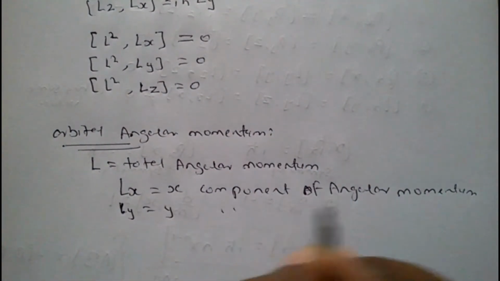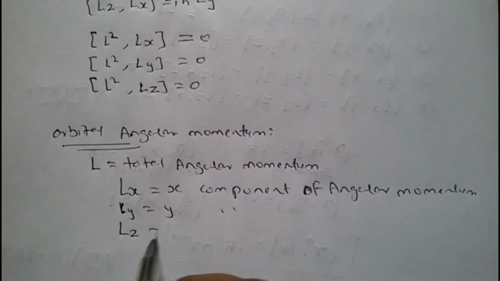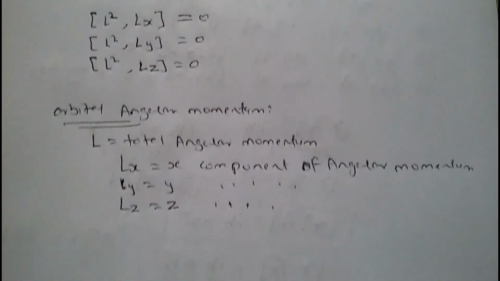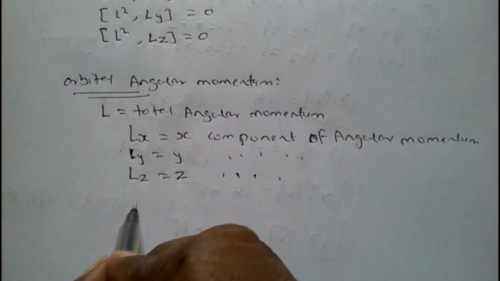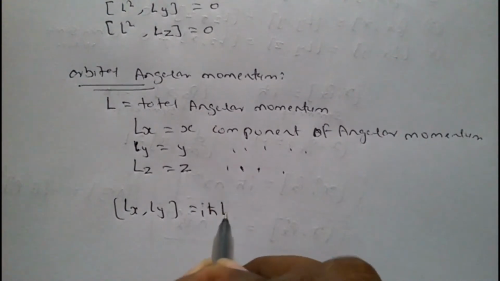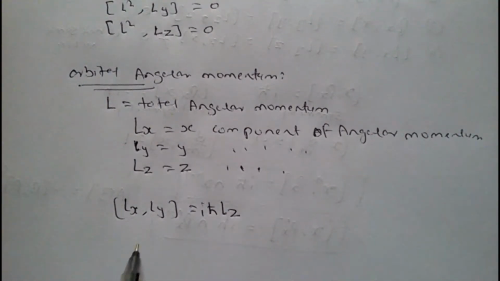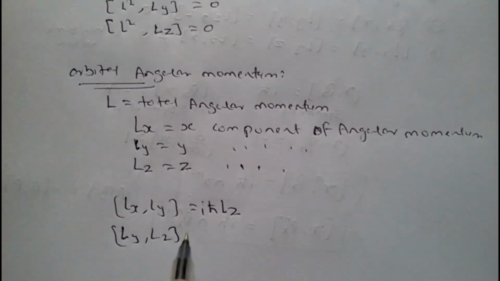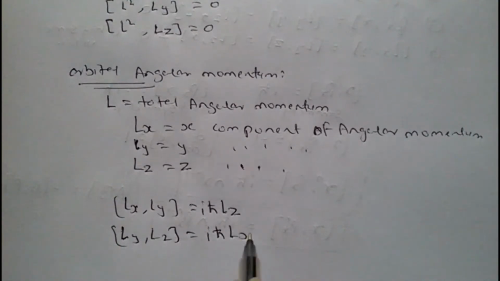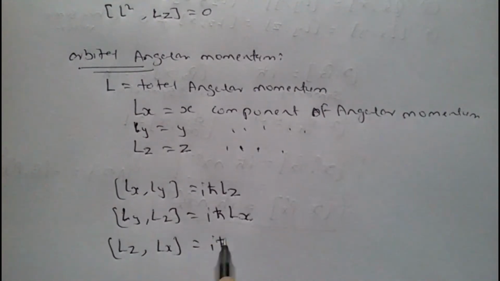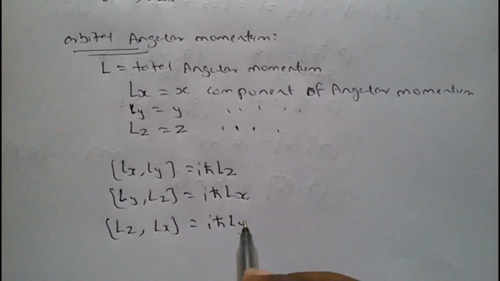Ly is y component of angular momentum, Lz is z component of angular momentum. So we know the value of Lx Ly will be i h cross Lz. Ly Lz will be i h cross Lx. So Lz Lx equal to i h cross Ly.